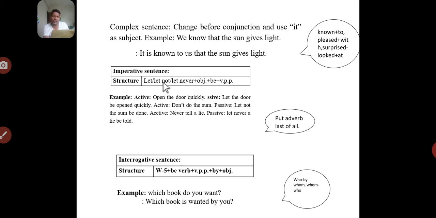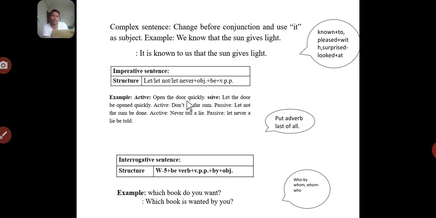Which one will be used in a sentence? If the sentence is simple, where not or never is not used, we will use just let. And when we get not, we will use let not. When we get never, we will use let never.